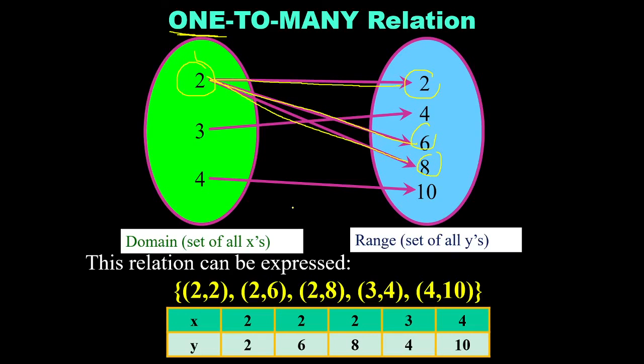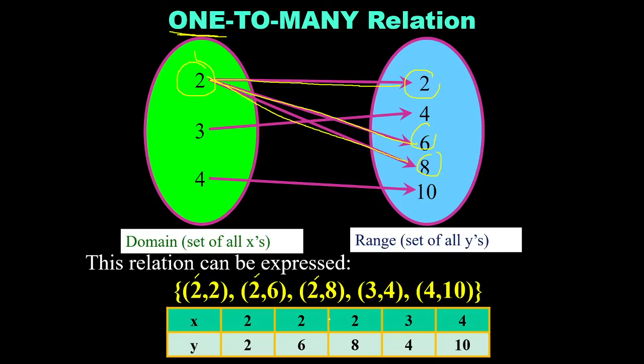Is it the domain or the range? Okay, very good. You have noticed here that the repetition occurs in the domain. By the way, what's our domain in this example? Okay, very good. 2, 3, 4 is the domain. What's the range?